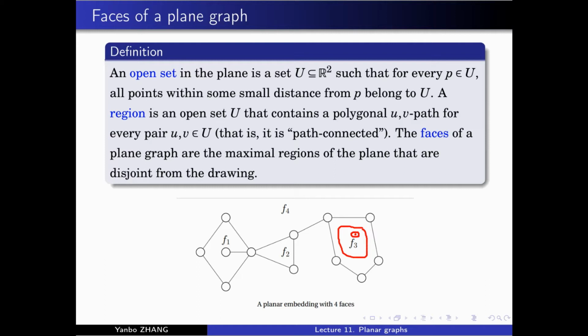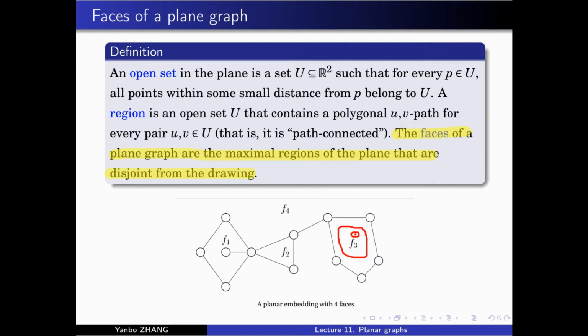A region is an open set U that contains a polygonal UV path for every pair u, v belonging to U. That is, it is path connected. The faces of a plane graph are the maximal regions of the plane that are disjoint from the drawing.